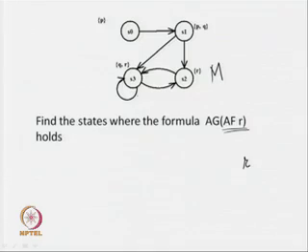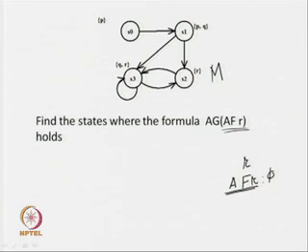We know the truth values of R in each and every state, with respect to the labeling function. Then F is a temporal operator; F R says that in future R holds, and A says that in all paths in future R holds. So AF R is also a CTL formula, and we can say that phi is a CTL formula.